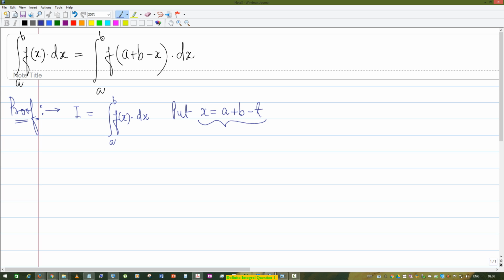So if we differentiate with respect to x, it comes to d over dx of x is equal to d over dx of a plus d over dx of b minus dt over dx.